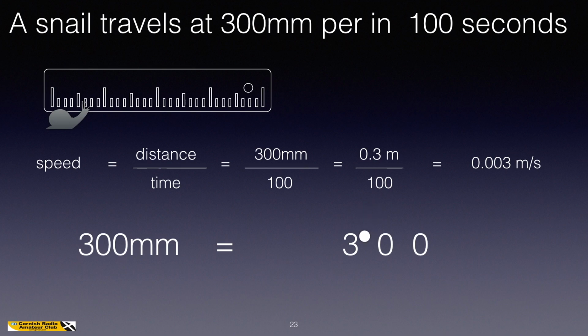We hop to get a smaller number, and that means hopping to the left, and that gives us 0.3 meters. Now, if you can do successful decimal point hopping for millimeters to meters and meters to millimeters, then there's no reason why you can't use the same technique for things like Hertz or volts, etc.